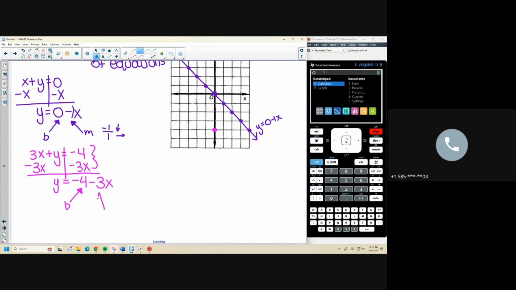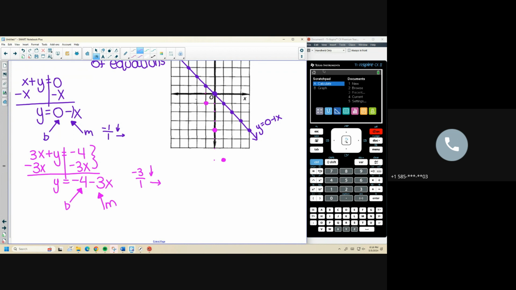We move with m. m is the coefficient of x. That's our slope. That is -3 over 1. Since it's negative, I'm going to move down first and forward. So from my y-intercept, I'm going to move down 1, 2, 3, and forwards 1. Now, I know I've run out of graph, but I want to put that there because that helps me see that to get more points, I can move up 3 and then backwards 1.